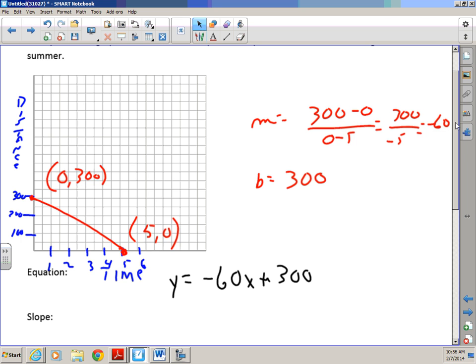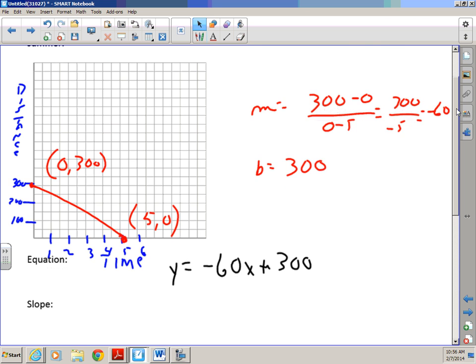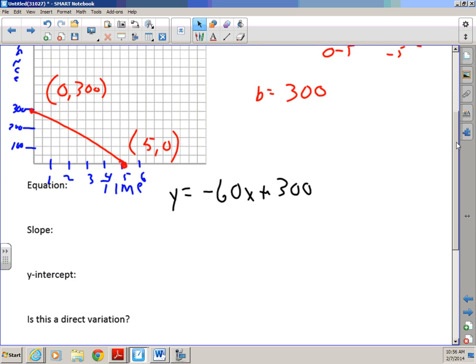Now, the negative 60 should be making some sense to you because as time goes on, as time increases, the amount or distance decreases. So what's a scenario that can replicate that? Well, suppose we're talking about somebody who is hiking and they're at 300 feet high.